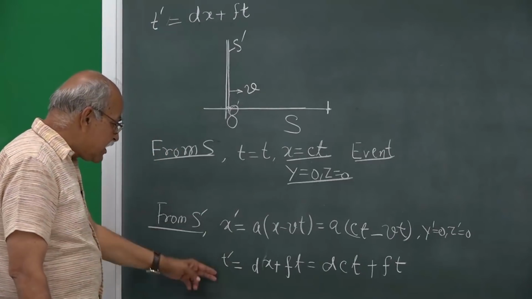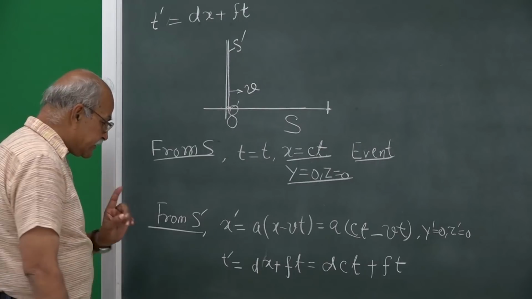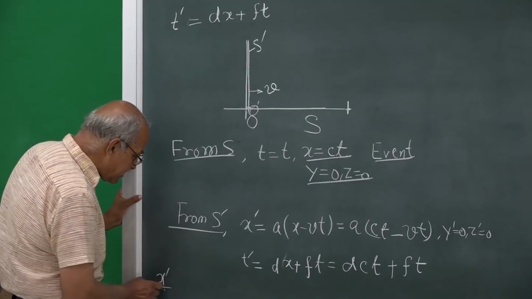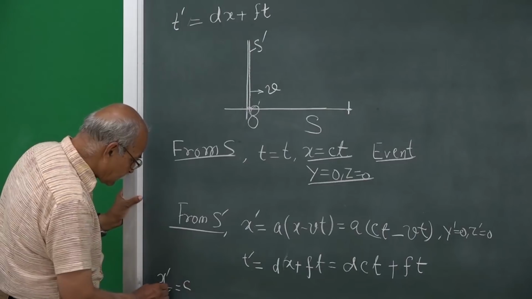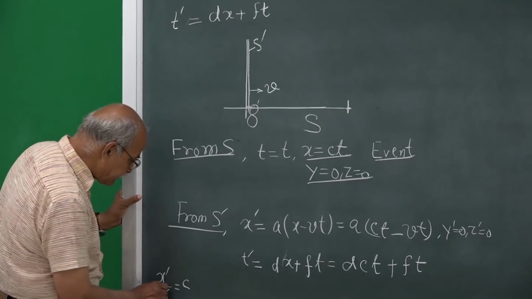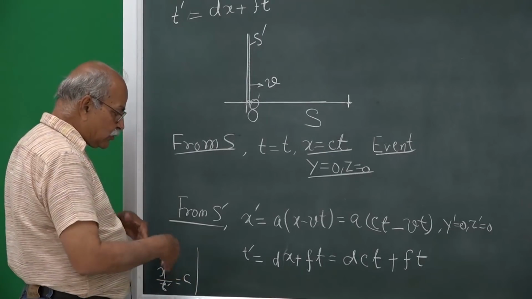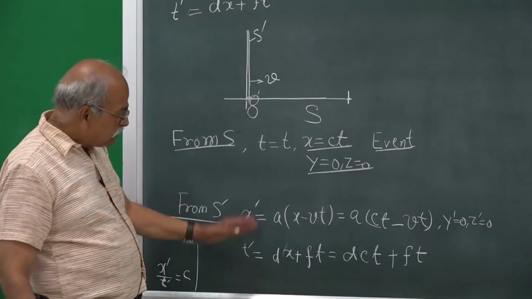Hence if you divide this x prime by this t prime, that must be c. So, x prime by t prime should be c, or x prime should be c into t prime.